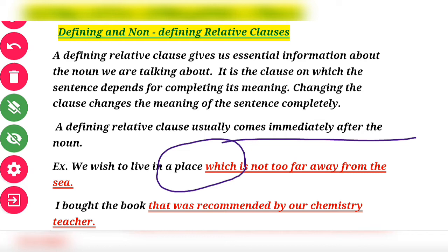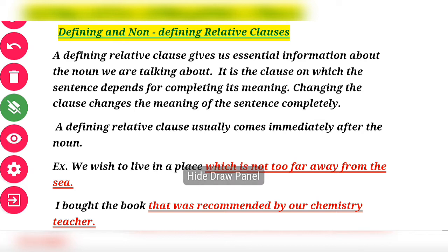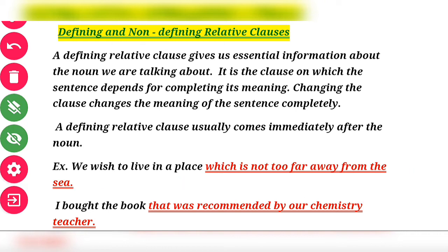See that this defining clause is defining the word place, the noun just before it. It means this clause is defining that particular noun. Why is it depending on that, which is too far? If you hide this clause, what is the meaning of the sentence?